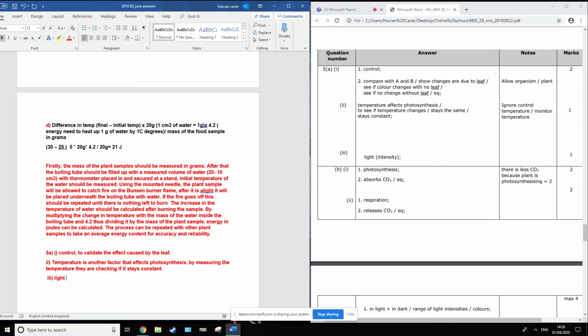The table shows the students' results. Explain the change in color of the indicator in test tube A. So in test tube A, you had light, as you remember, and you had hydrogen carbonate solution. Hydrogen carbonate changes color.